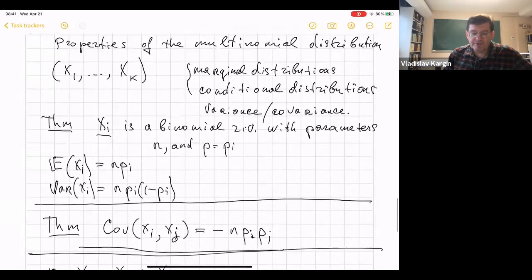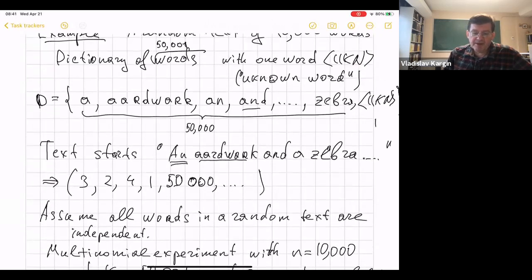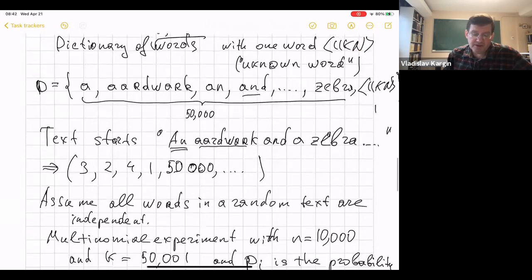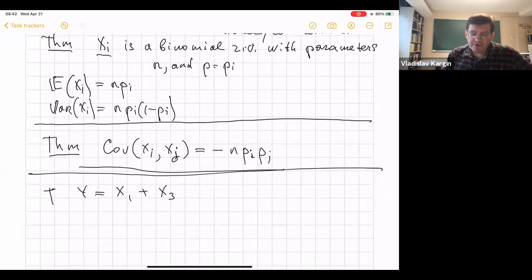In our example, X1 is the count of the words a in the text, X3 is the count of the words n in the text. So Y here is the sum of X1 plus X3.